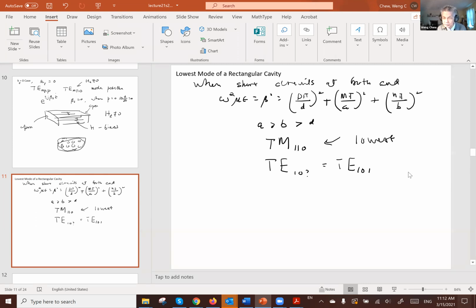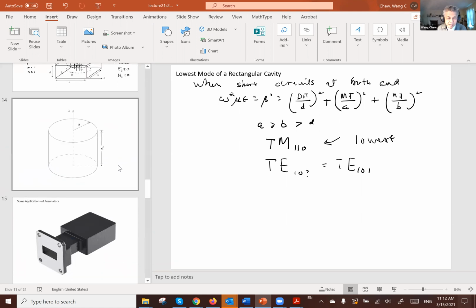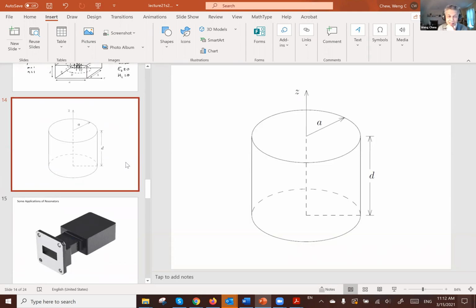Are there any questions so far regarding these cavity modes and how you find them? So you can use the same kind of idea for a circular waveguide. And you can convert this circular waveguide into a transmission line model.